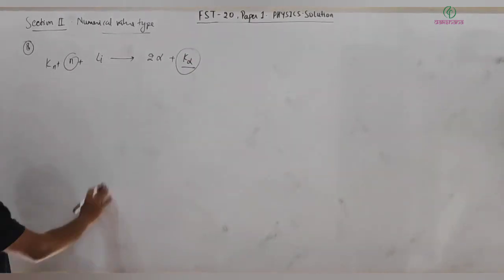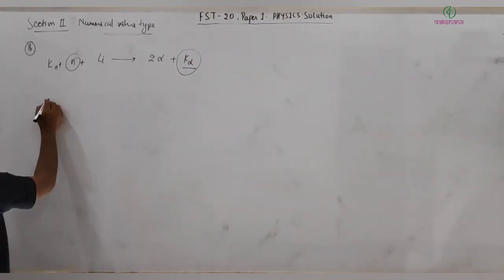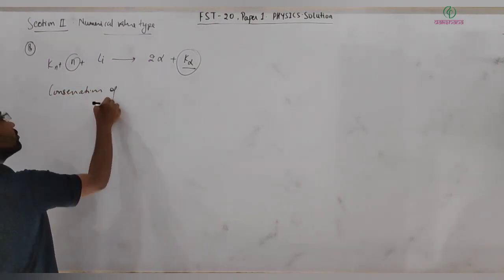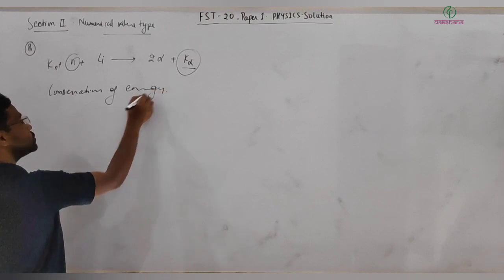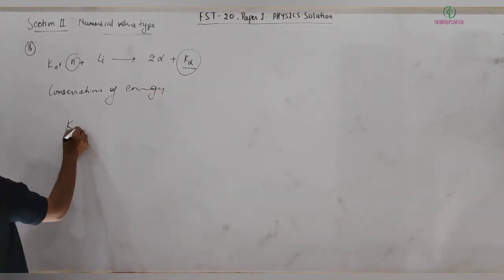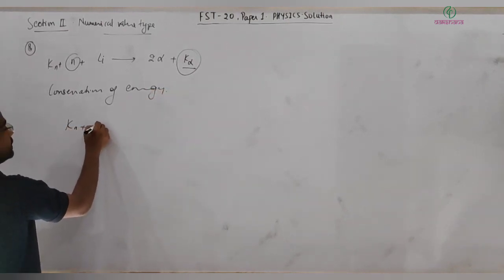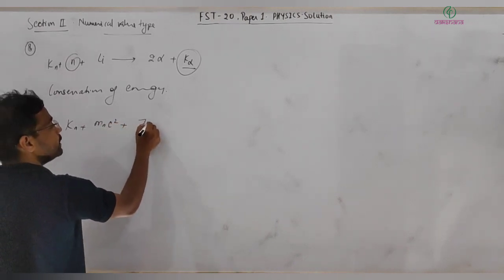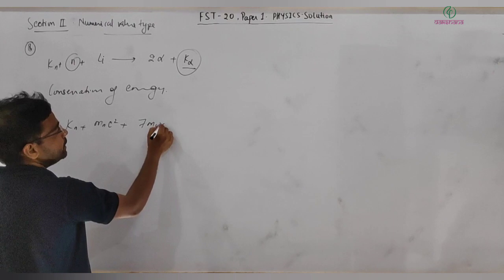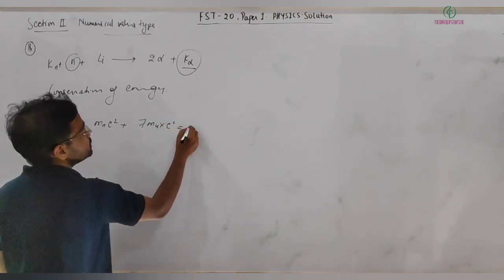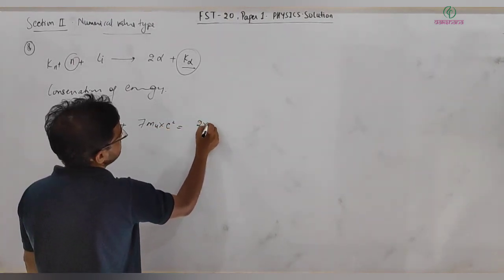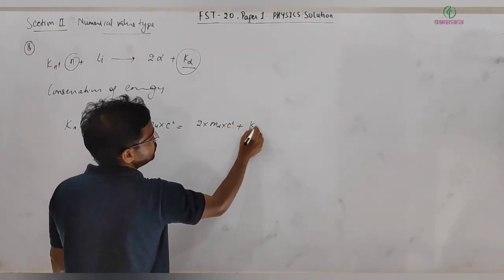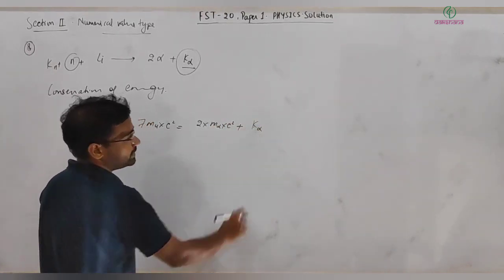So here conservation of energy can be applied. So that will be kinetic energy of neutron plus rest mass energy, that is mass of neutron into c square, plus 7 mu, mass of lithium, into c square. This is equal to 2 times mass of alpha into c square plus the total kinetic energy of alpha particle.